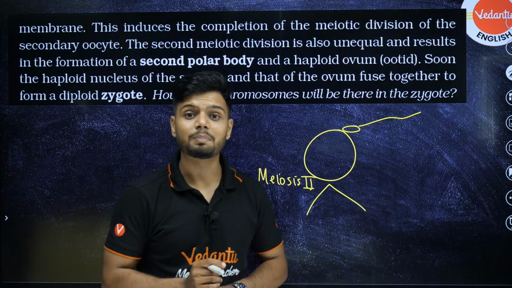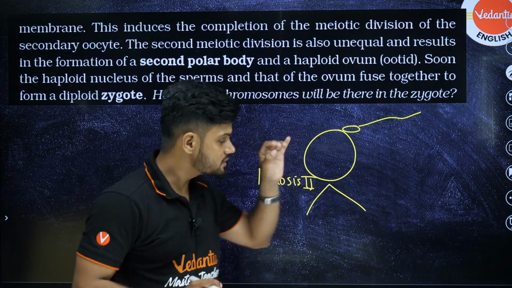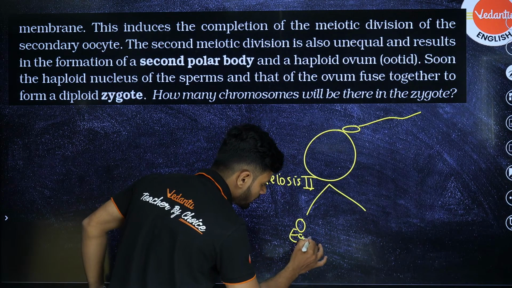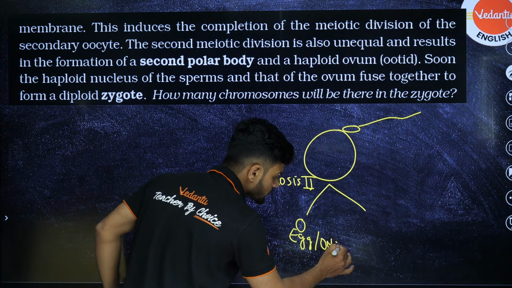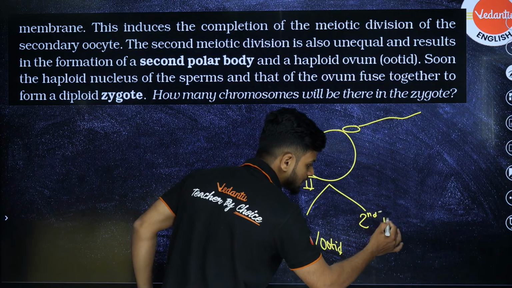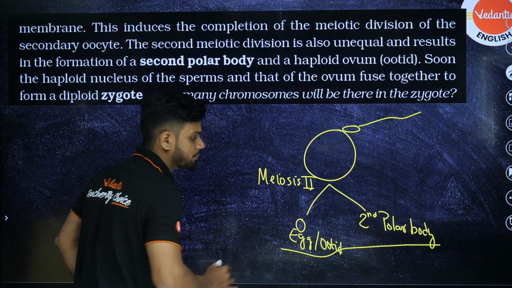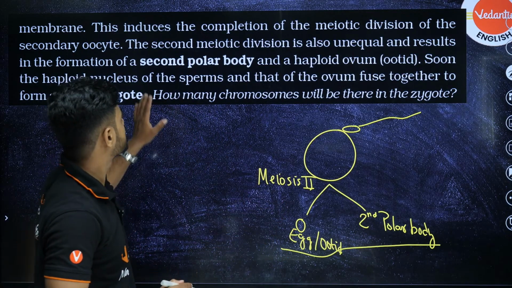Once the final meiosis 2 is completed, it results in the production of the egg, or ootid, as well as the second polar body. In the previous class we learned it.